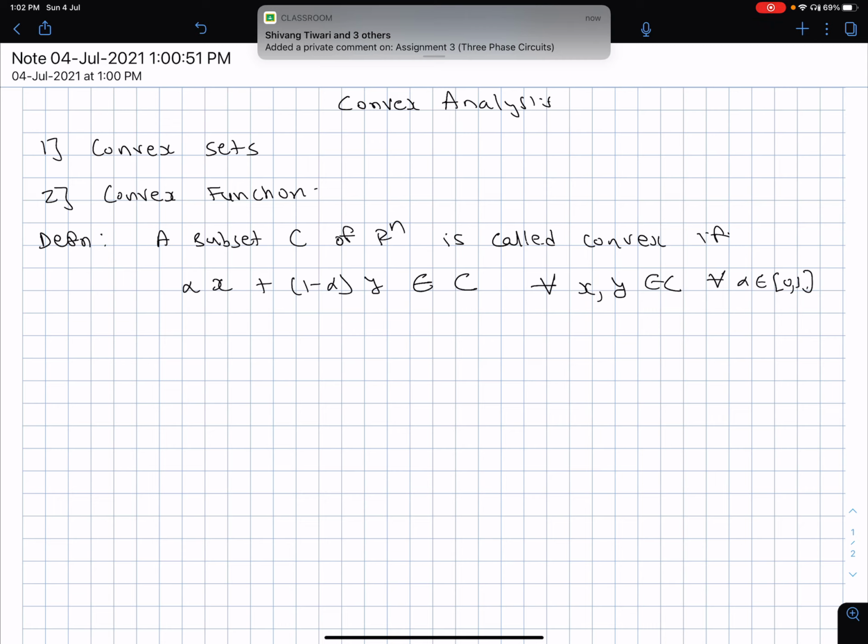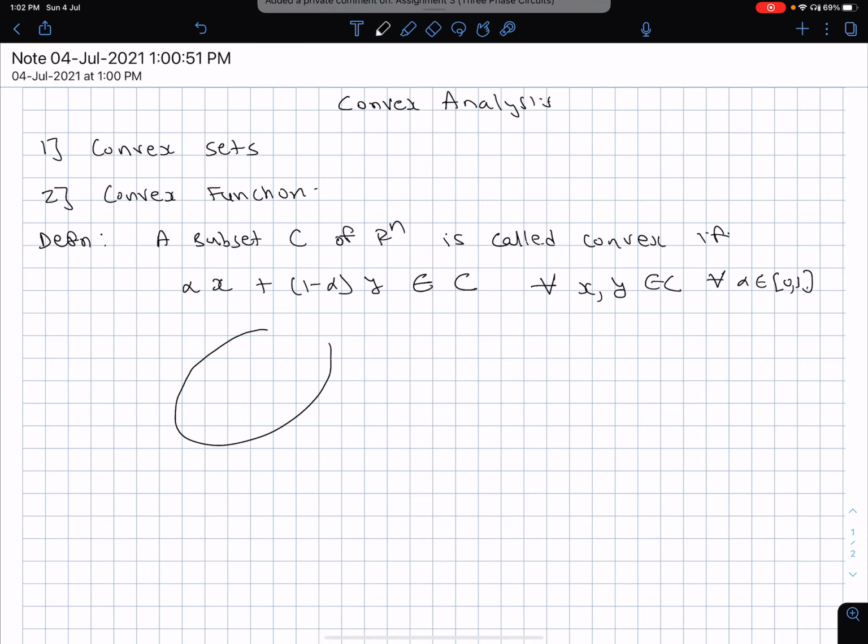Let us say that this is a set. Okay, so this is a convex set.